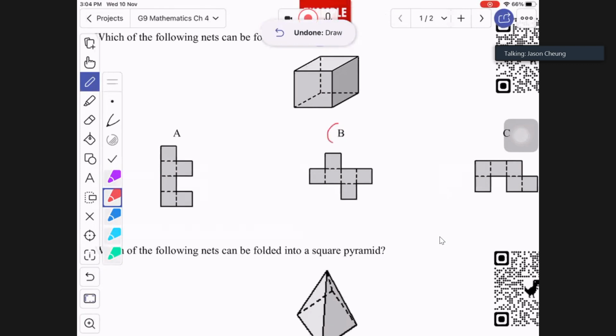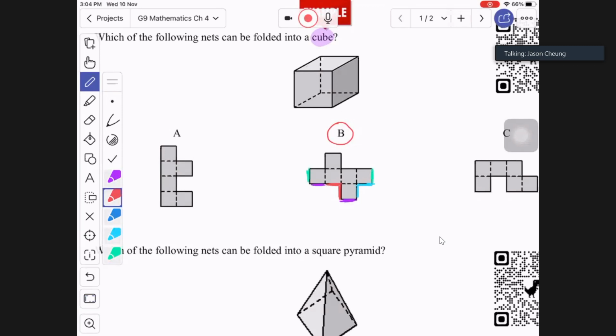The reason is that when we try to fold it, this side will coincide with this side, right? And then these two sides will stick together. And then we can foresee that this side will stick with this side, and after that we can see that these two will be together, and then this one here will be together, right?